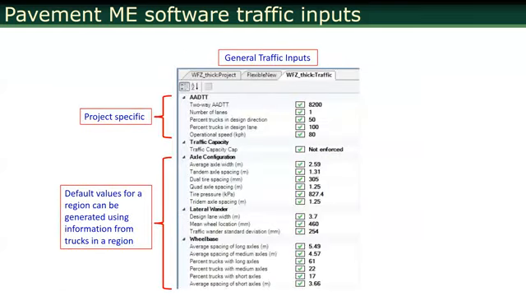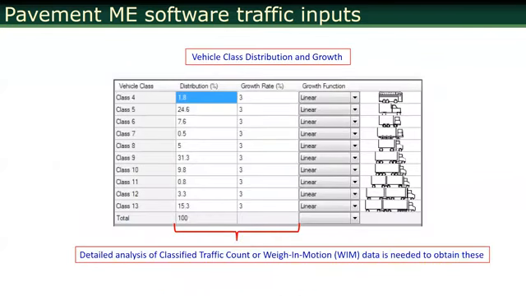Now, general traffic inputs, this AADTT section, as Justin said, is project specific. This is based on what project you are working on. You need to enter carefully based on what you have. These numbers, typically default values for a region are used, and they're not changed very much.